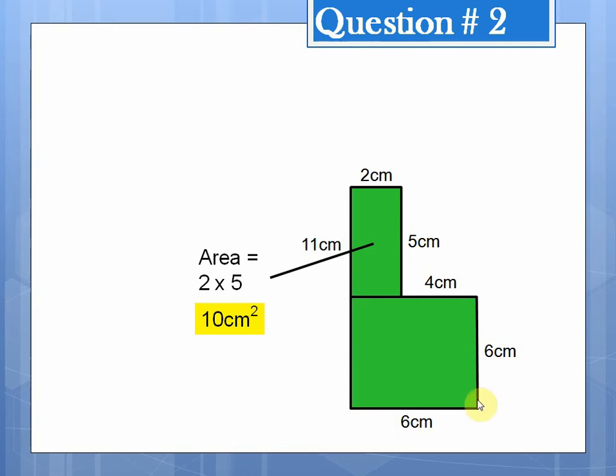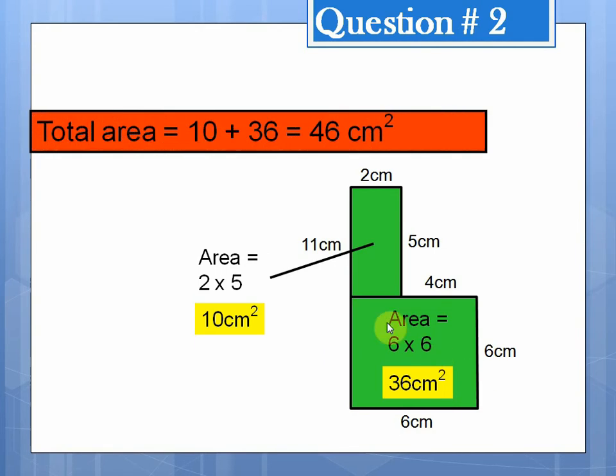The bigger rectangle, you can see, is a square. In a square the two sides are the same, 6 and 6. This side is 6 and this will also be 6, so this becomes 36 centimeter square. Now we add both the areas, which becomes 46 centimeter square. So the total area of this figure is 46 centimeter square.